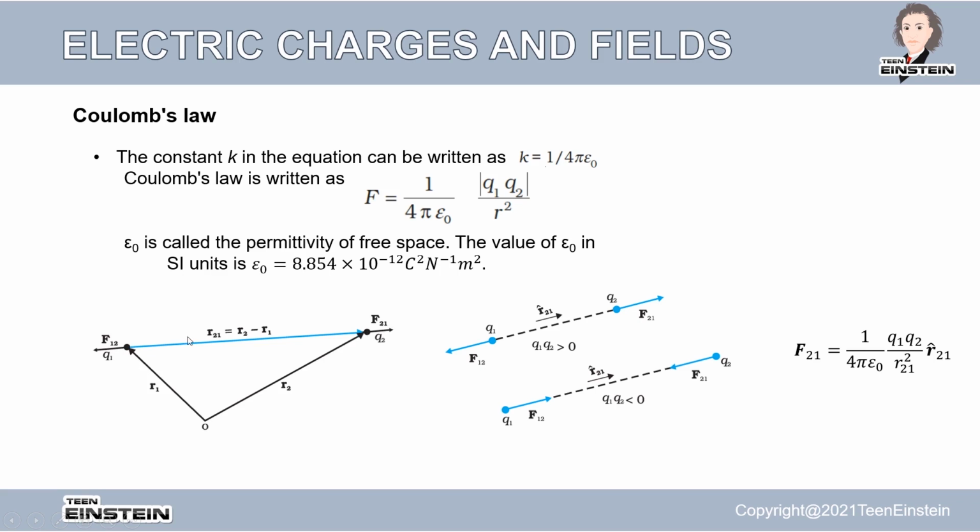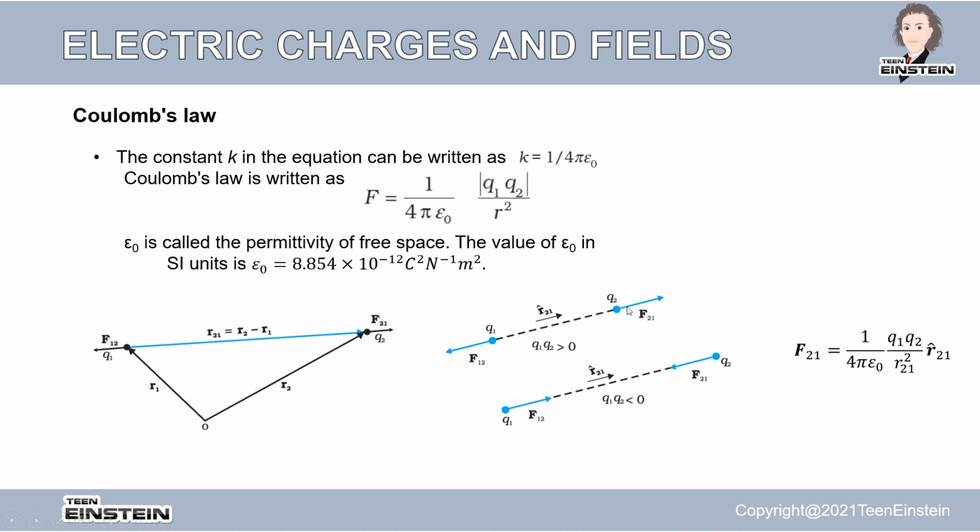This is along this direction, this is along this direction. We will see how it comes. Before that, what is R21? R21 is nothing but R2 minus R1, so it is the separation between the charges. Here R21 is along this direction, and this is a unit vector.